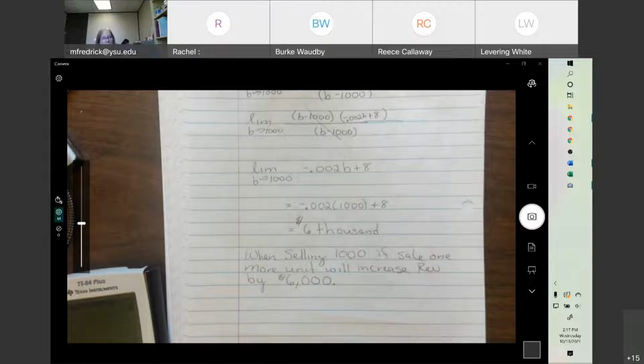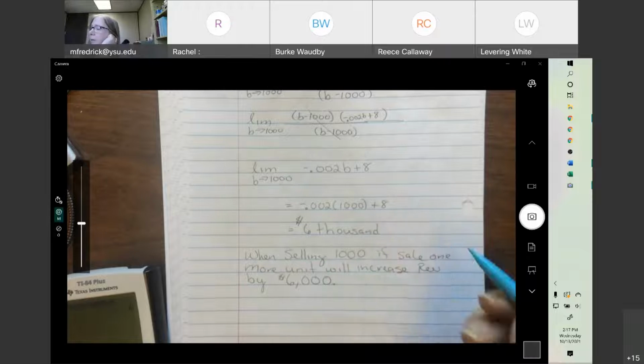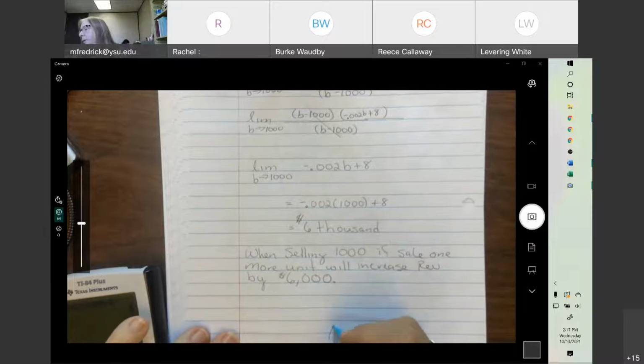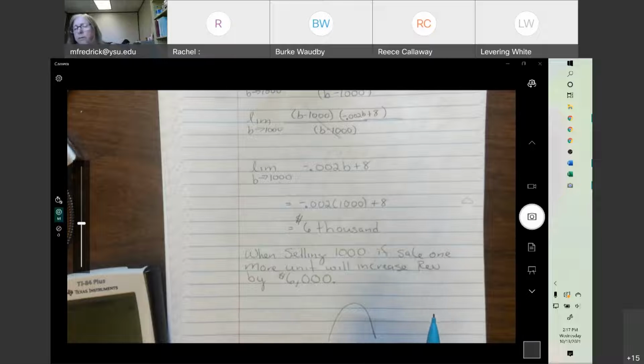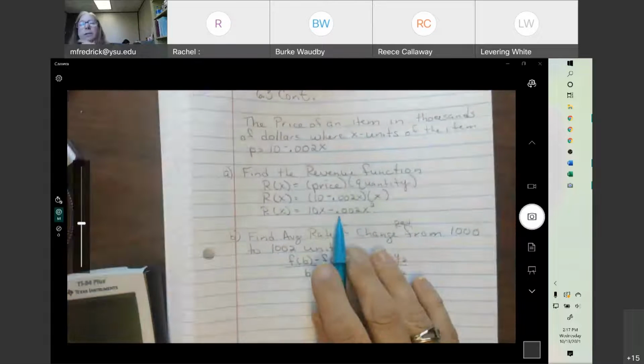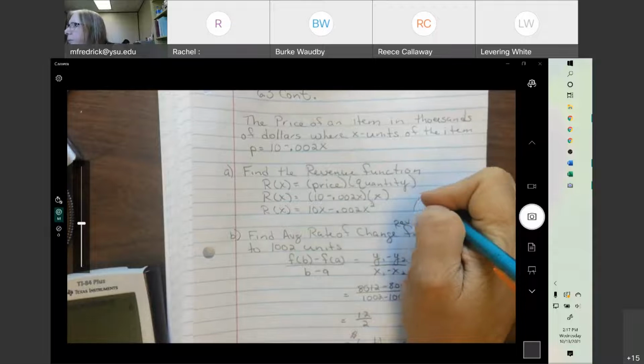But that can happen. Because if you think about it, if you have enough material to make the 1,001, when you sell that 1,002 one, if you need to buy more material, then you're not going to make as much. And so that could be the reason. Also, your revenue is a parabola. And because the squared part in the equation here is negative, remember, the parabola goes down.